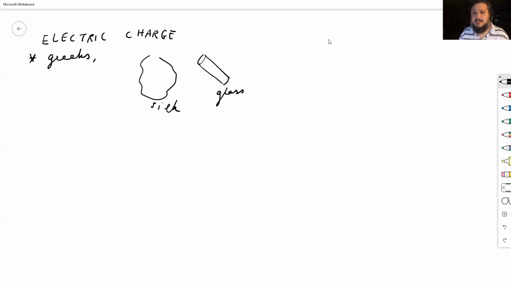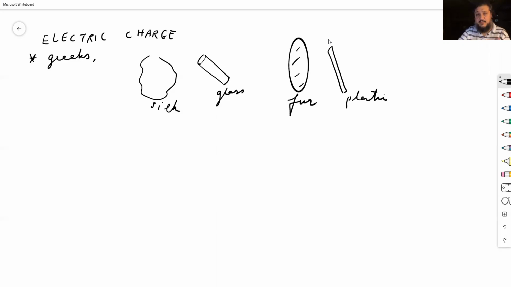And you can even experiment with them, like silk and glass, and then how about some fur and plastic. Okay, you rub it, and then you could observe static electricity.